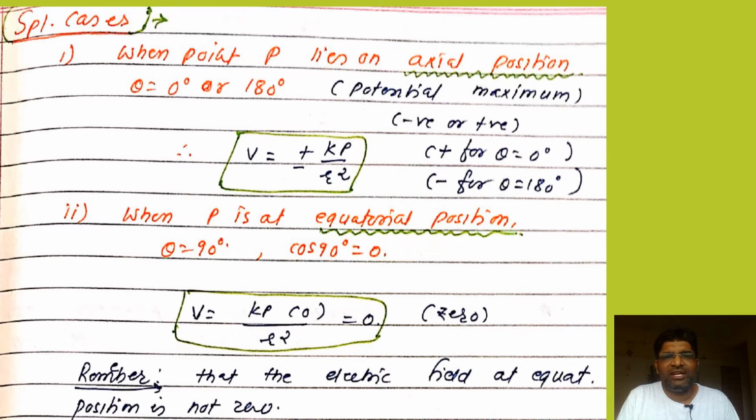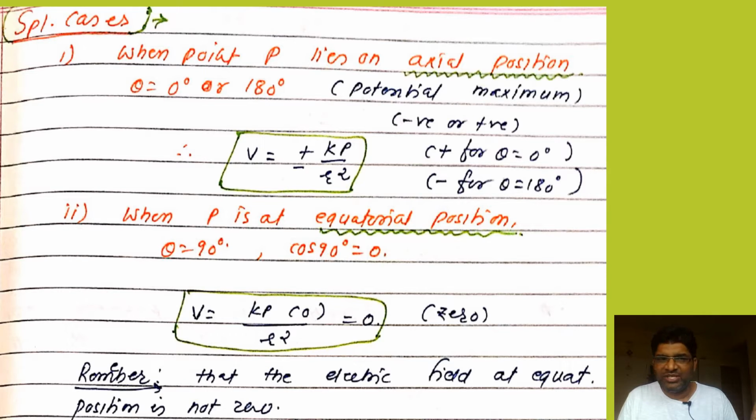So when point P lies on the axial position, you have to take theta 0 and 180, the potential is maximum and the value will be kP by R square. And when P is at the equatorial position, the value of theta is 90 degrees, and in that case the potential is 0. Is that clear?